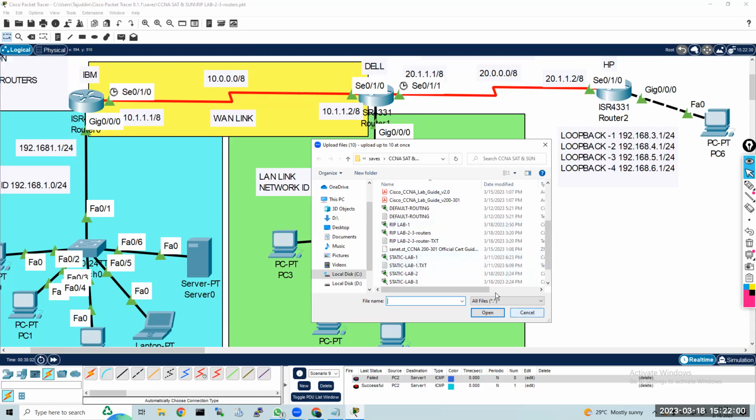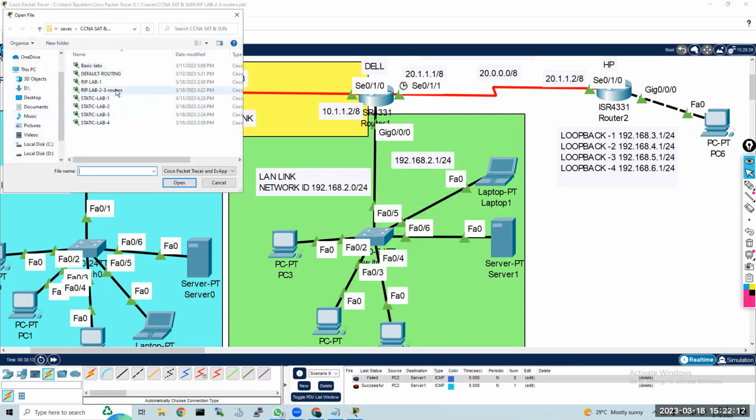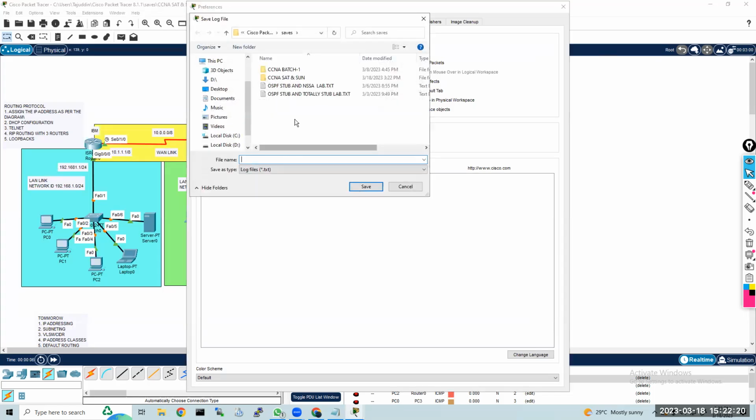Okay, for lab 1, yes, this is RIP lab 1. I think we have not yet opened the text. And I will send you the separate command file. Here is the RIP lab.